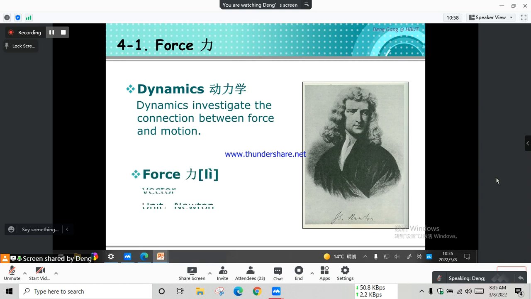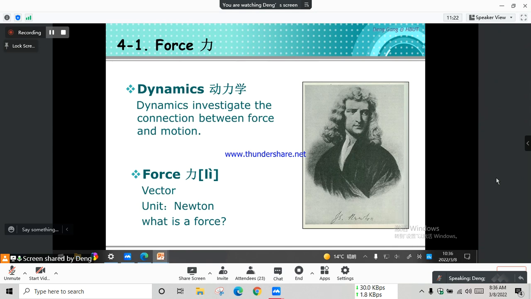The force in Chinese is 力. It is a vector, because force has magnitude and direction. And the unit is the Newton, in honor of Isaac Newton.